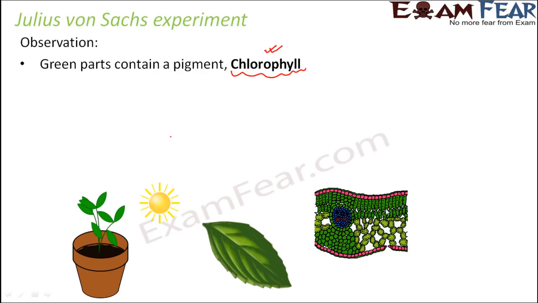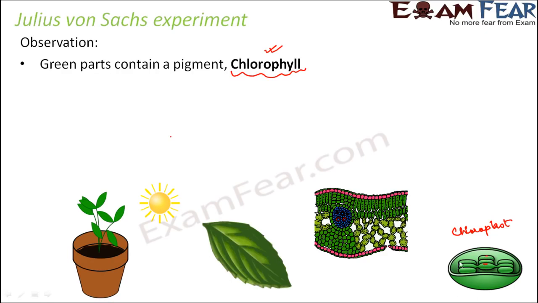In this leaf, it was found that the mesophyll layer contained some organelles called chloroplasts. This is how the chloroplast looks, and these chloroplasts contained chlorophyll. So chlorophyll was present somewhere here in the chloroplast.